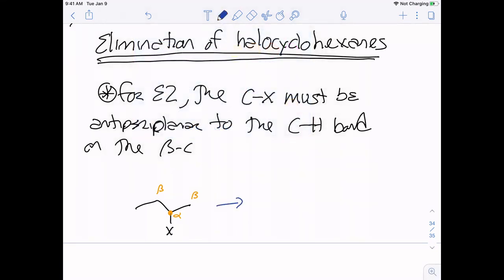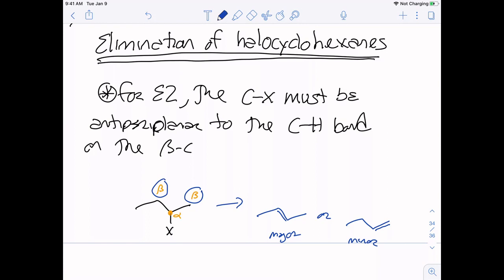So I could end up with this alkene. That would be my major product. That's taking it from that beta carbon. Or we could end up with that alkene. That would be my minor product. It's less substituted, but it's still a possible product because we're taking a hydrogen from a beta carbon. And again, this isn't specific to halocyclohexanes.